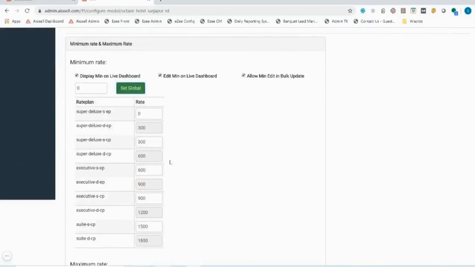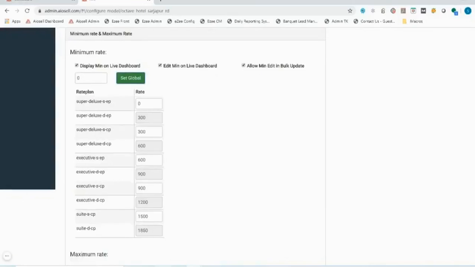We can decide these at an overall level, and we can also decide the minimum and maximum rates from a date wise perspective. So we can decide for a particular date range, like 10th of May to 15th of May, we want the rooms to have this much minimum and this much maximum. So this minimum and maximum can be done overall or for a date range value also.